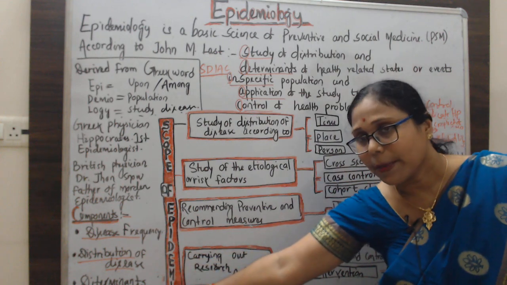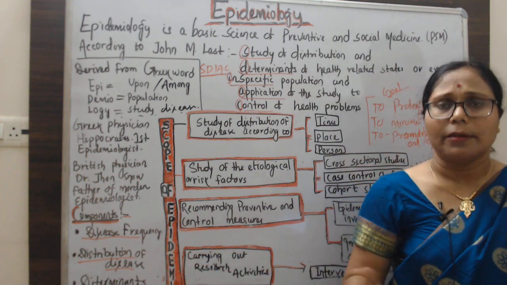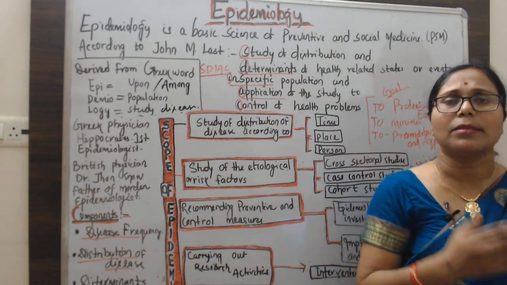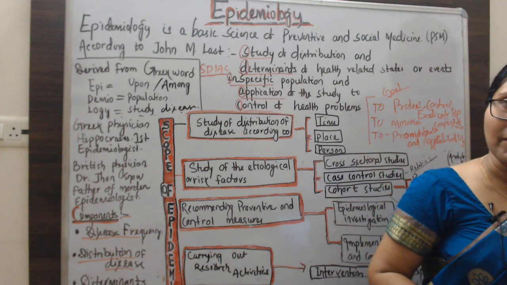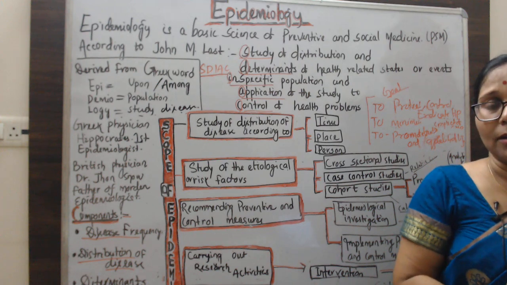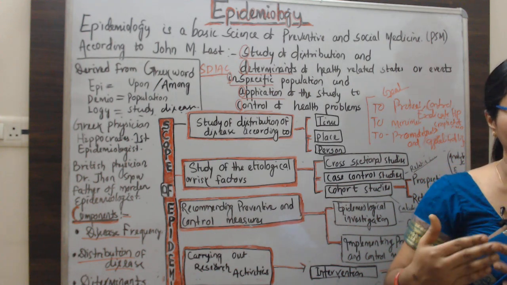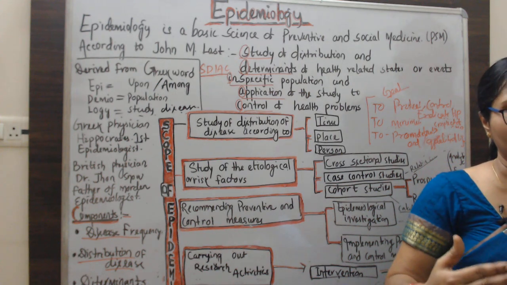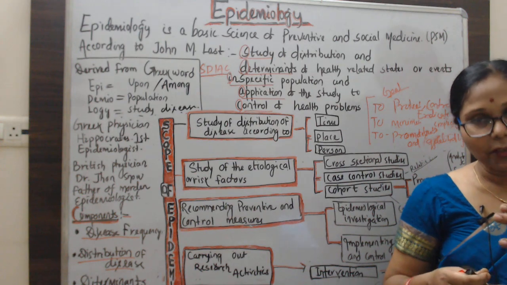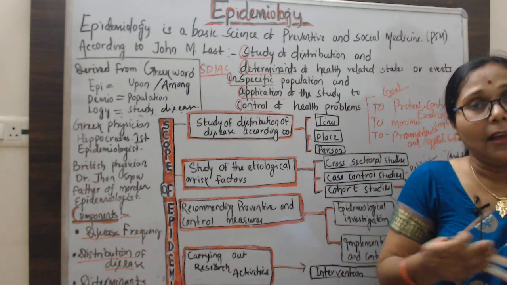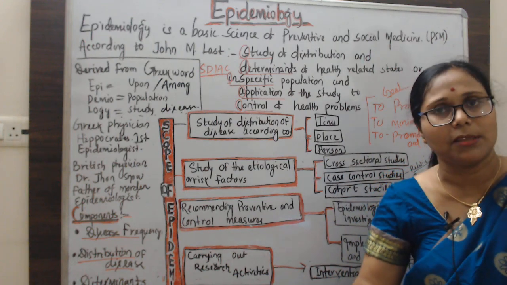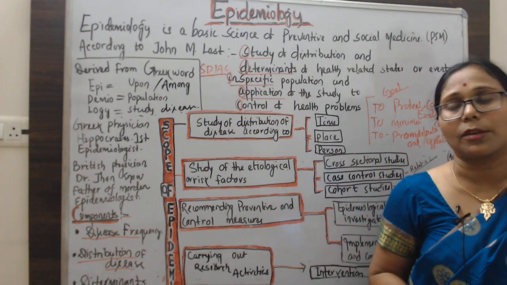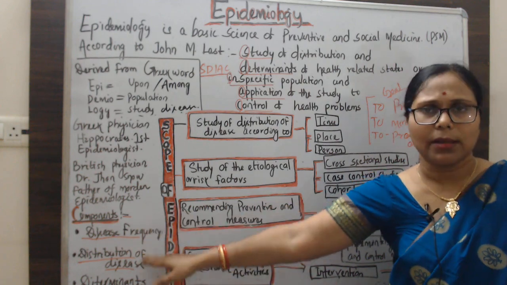And the third component is determinants, that is the range of factors, the circumstances or the environment, social environment, physical environment. What are the factors that affect our health, that make a healthy person unhealthy, or put a healthy person into disease condition? That is the determinant.